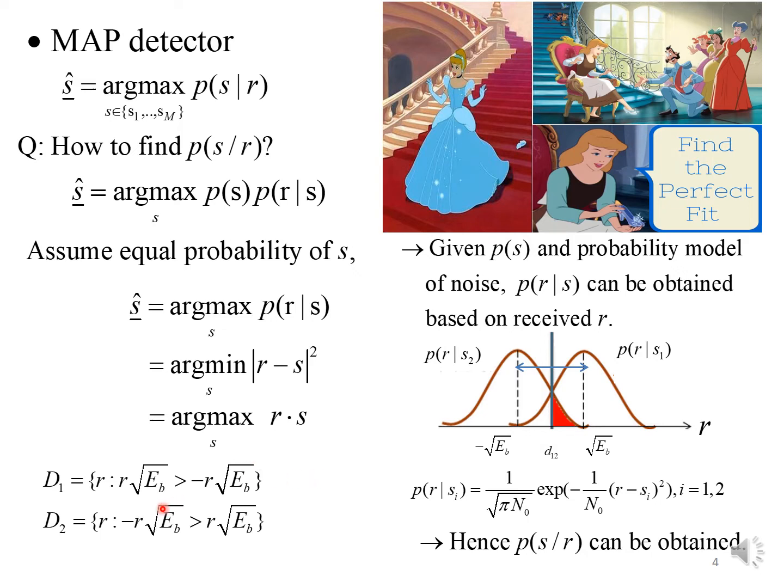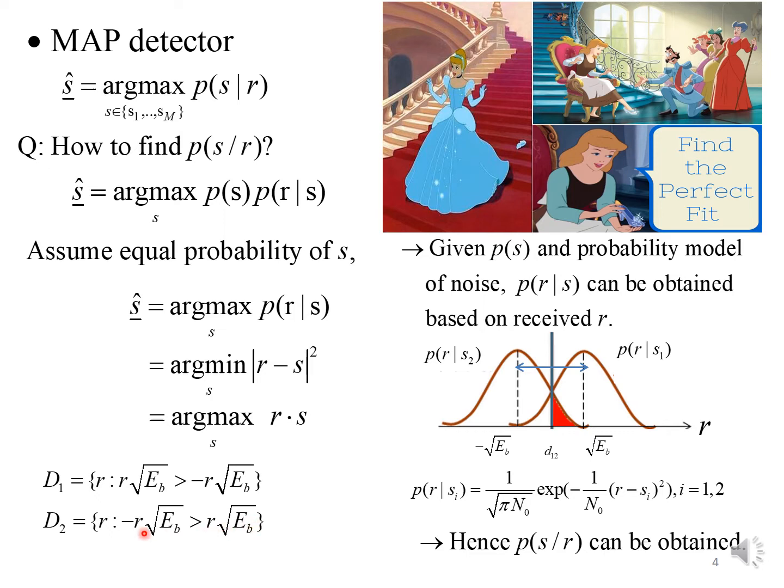Therefore, we make the decision: decision 1 means S1 was sent if the inner product with S1 is larger than the inner product with S2, and we make the decision of S2 if the inner product of R with S2 is larger than the inner product with S1.